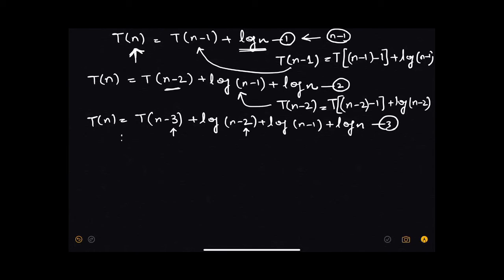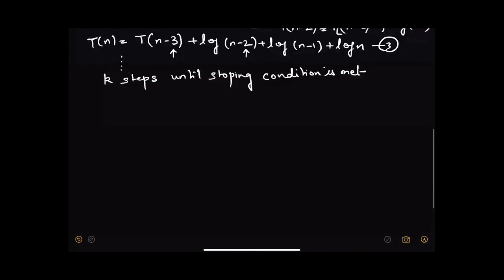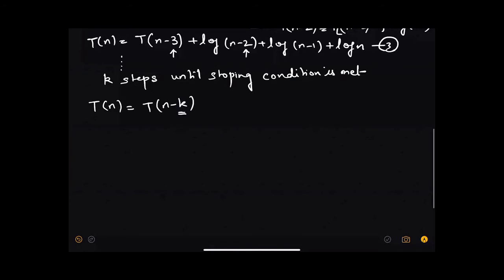So let's suppose I continue this whole process for k steps until my stopping condition is met. So I can say that T(n) = T(n-k).